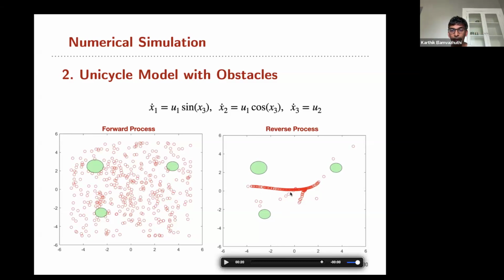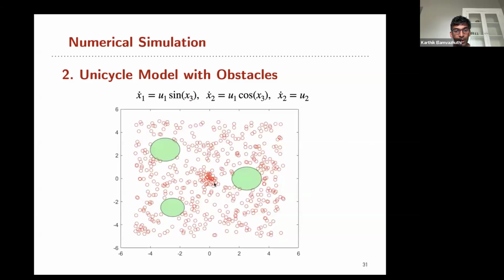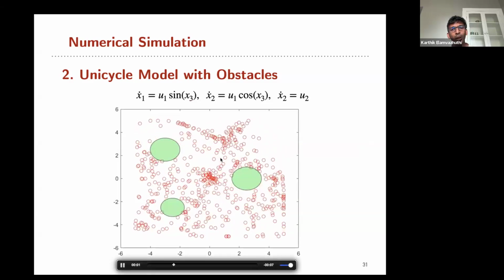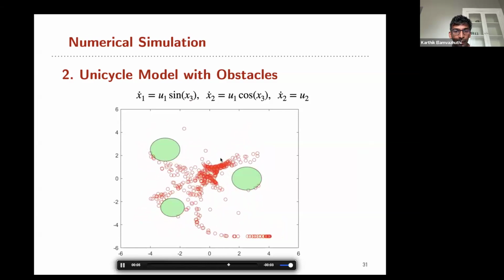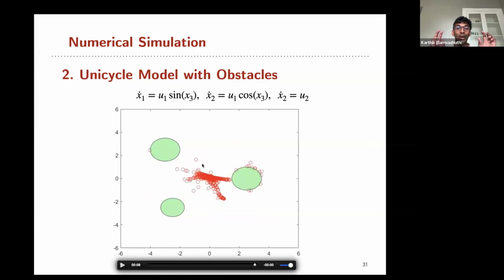For example, you can see qualitatively that it's converging to the equilibrium, but there are still points away from the obstacles. And you can do this for larger obstacles as well. Here you can see that though in theory the probability density should end up converging to the equilibrium points, there are still some points which are kind of stuck around the obstacles.